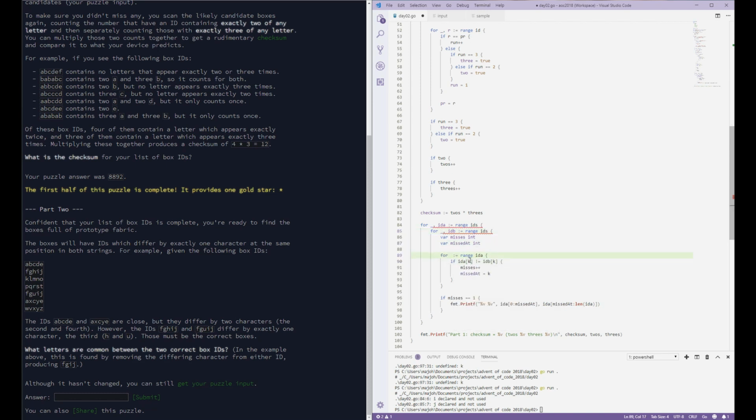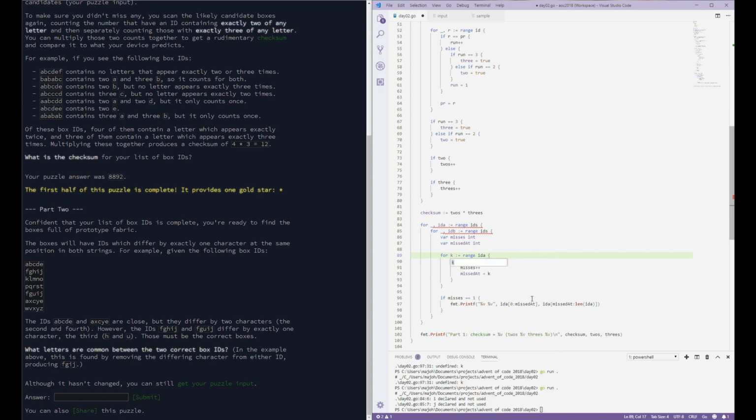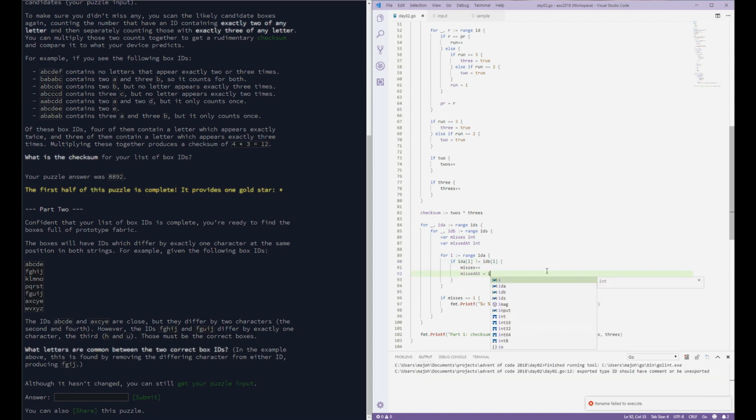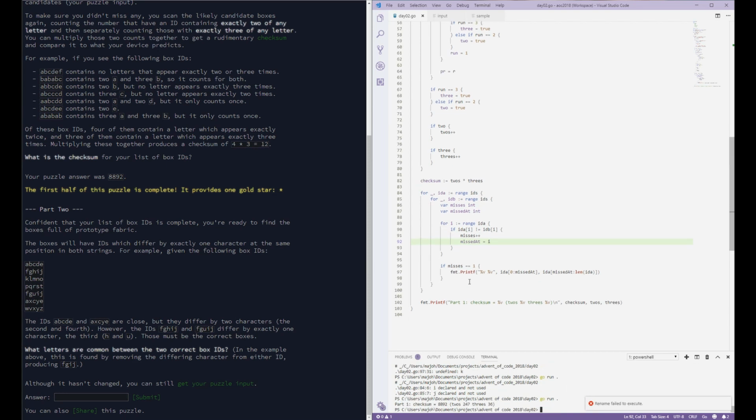Let's see if I can do some. I don't know if we can do find the rename symbol I. Okay, yeah, that didn't work. I. Part 2, if misses equals 1. So I never find that.